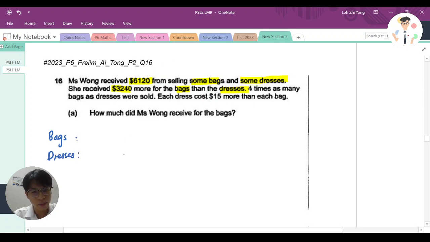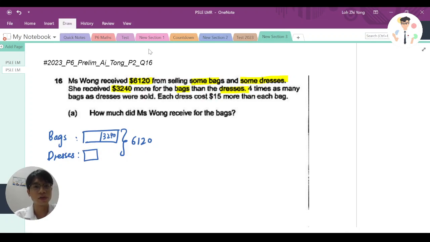So I'm selling both 6120, but she received 3240 more for the bags. Now they're asking how much did Miss Wong receive for the bags? Means that here, plus the 3240.